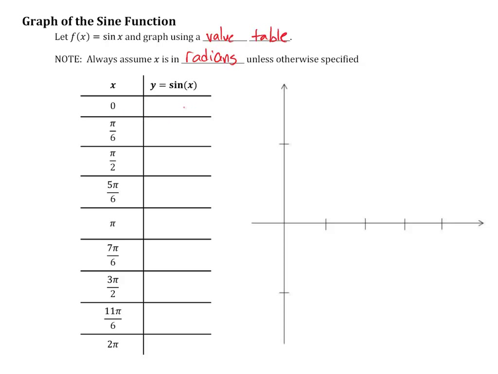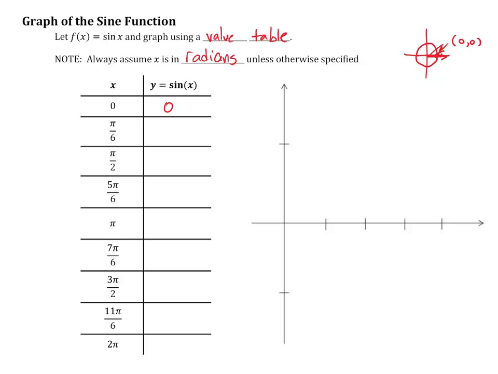Alright, so let's plug in 0. y equals 0. So remember, whenever we plug in 0 for sine, if you look at the unit circle definition, 0 is this angle right here. What is the y coordinate of that point? The y coordinate of that point is 0, so sine of 0 is 0.